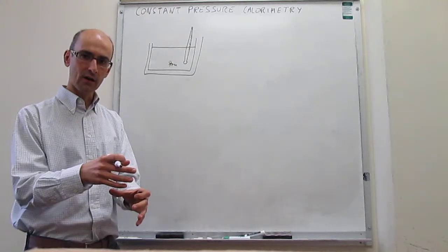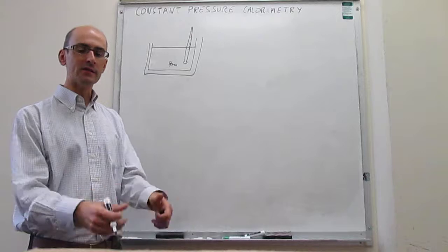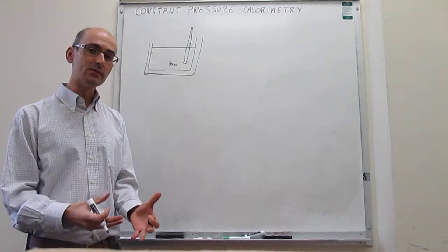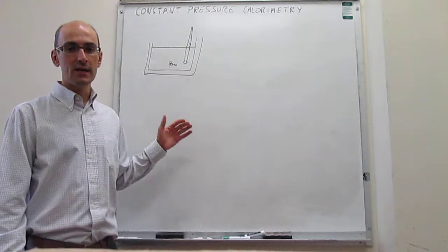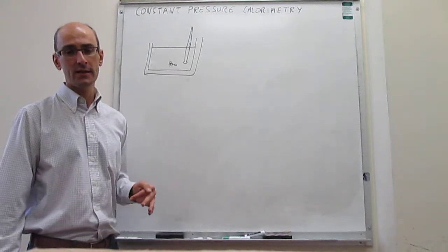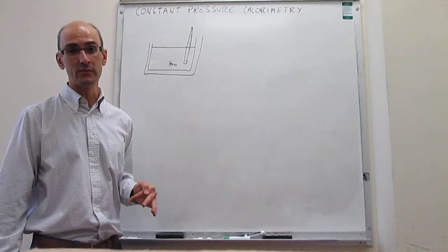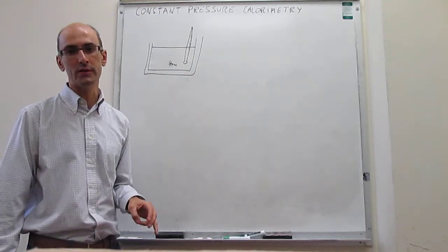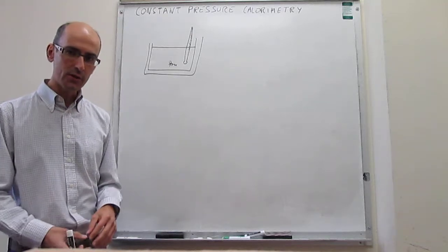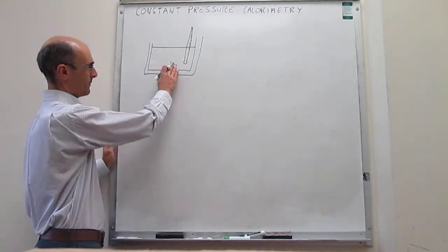When you have two nested coffee cups, the amount of energy that is released to the environment, at least initially, is very small. That means no energy is lost, and you're going to be able to track the changes to the energy, or the enthalpy, in the reaction by simply measuring the change in temperature in the water.